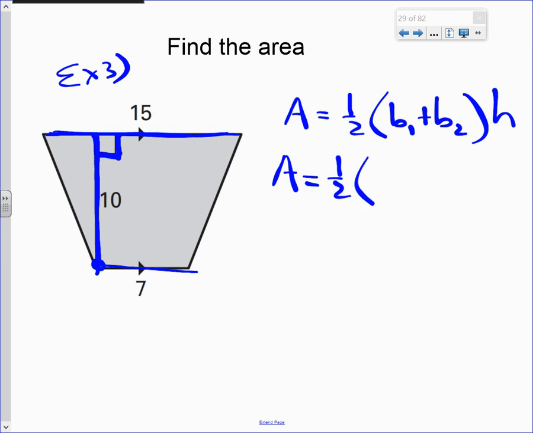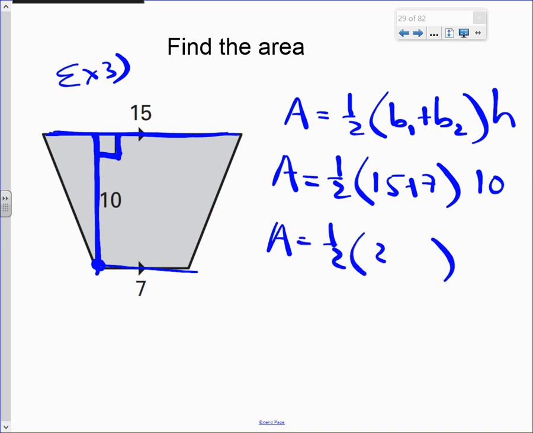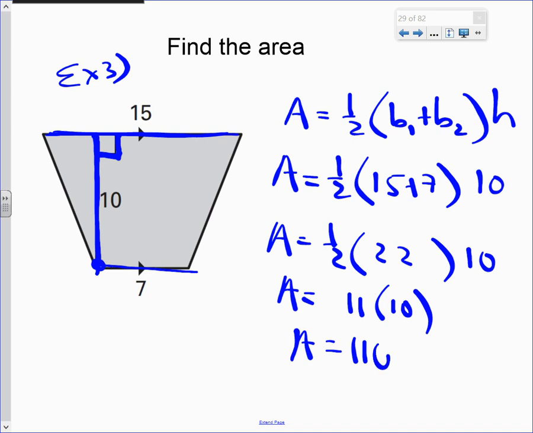Both bases would be 15 and 7. The height would be 10. So it's 1/2 times 22 times 10. 1/2 times 22 is 11. 11 times 10 is going to be 110 square units in this case.